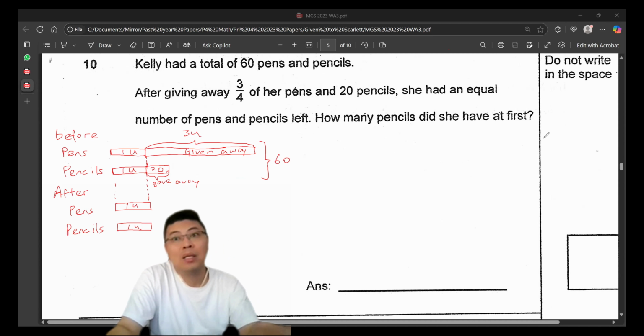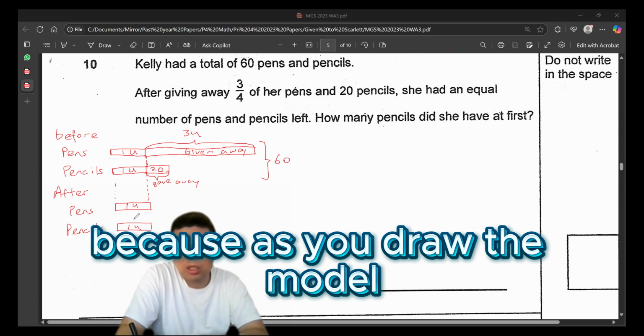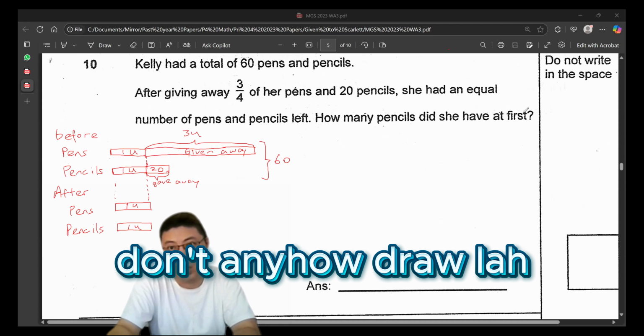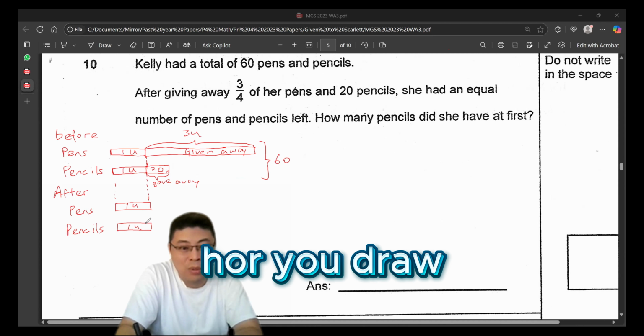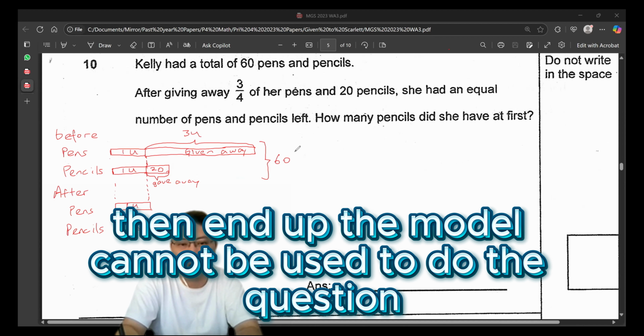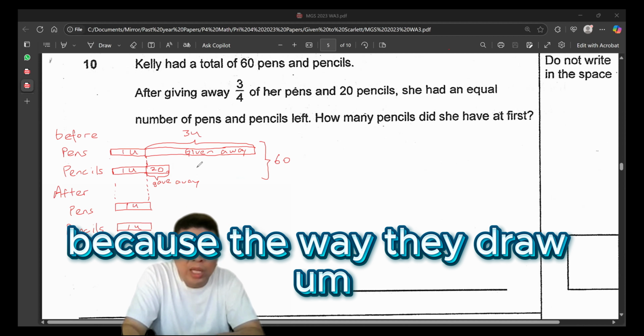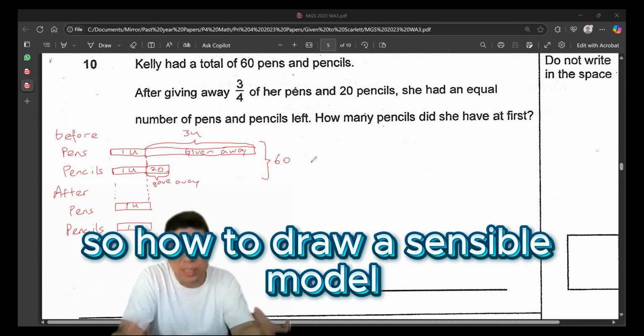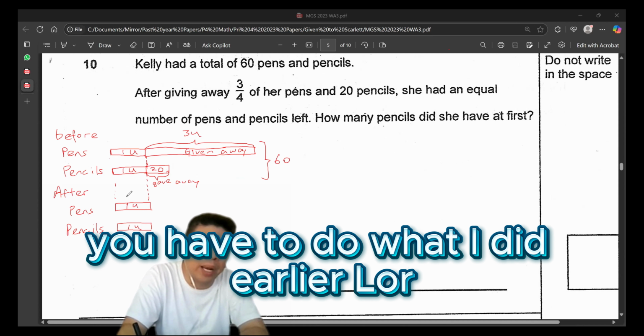Deduction. Because as you draw the model, you put on your thinking cap at the same time. Don't anyhow draw. Most students will try to draw the before first, then end up the model cannot be used to do the question because the way they draw doesn't make sense. So how to draw a sensible model? You have to do what I did earlier.